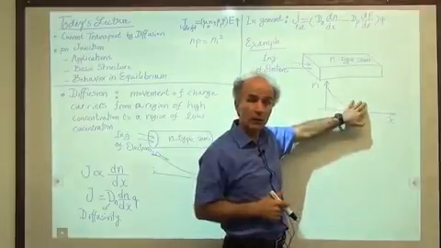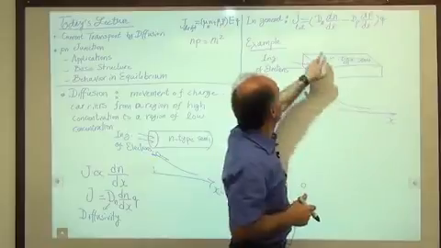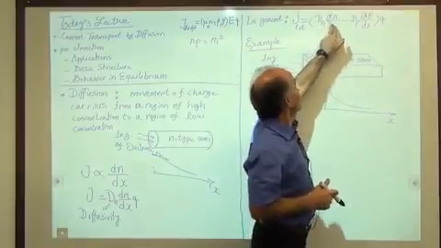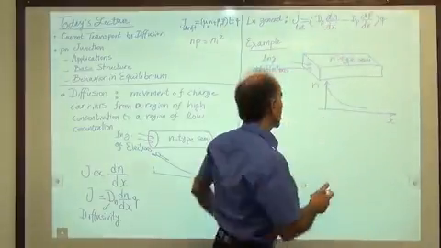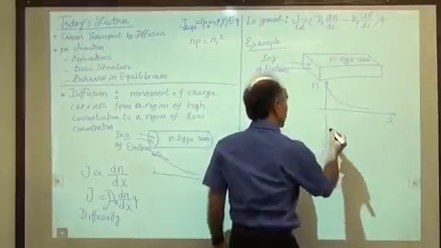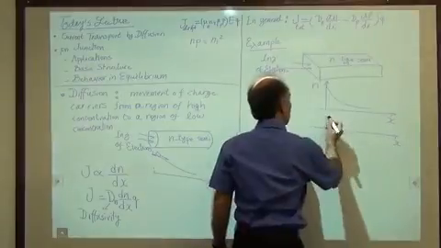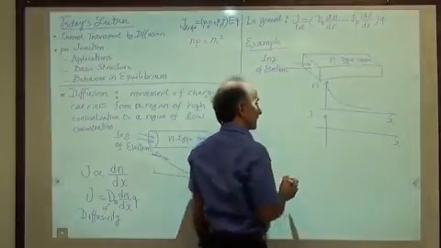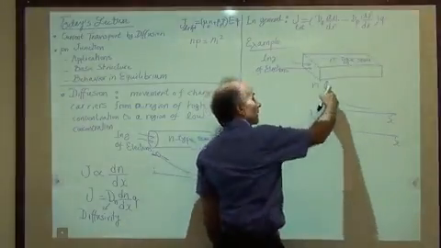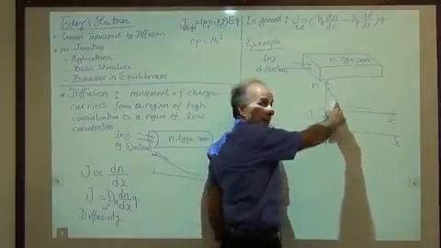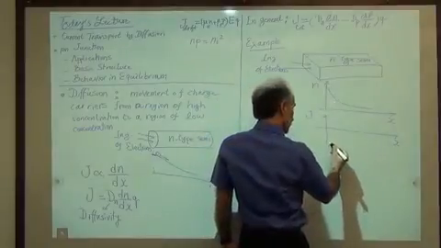So what we would like to do is plot the resulting diffusion current. Okay, no problem. It's just D sub n times dn over dx. So the diffusion current density J would be, because the derivative is negative, the current is negative.